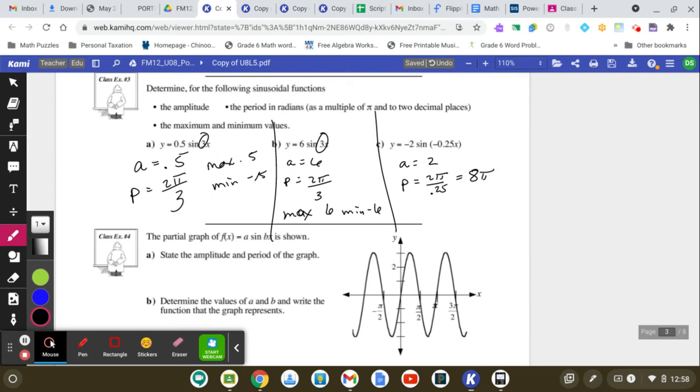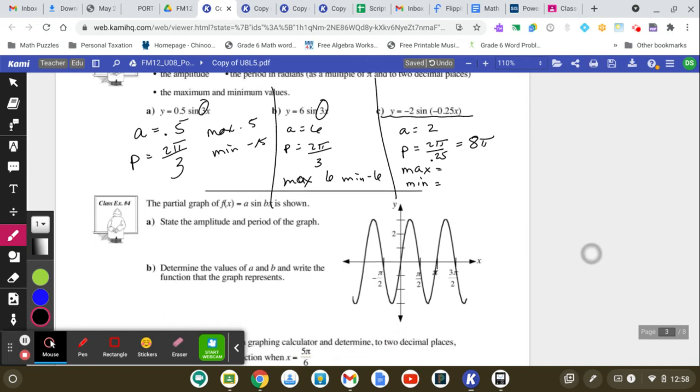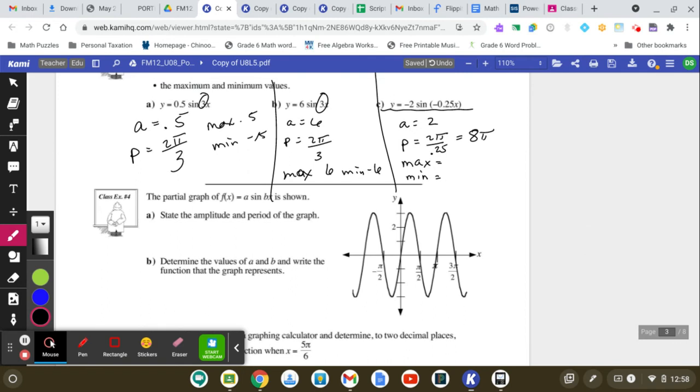Now, before we get confused about what it's going up and down to and what my max and my min is, why don't you take your calculator and type that in there and tell me what you get? Type in all of C into y equals and tell me what your maximum value is and what your minimum value is, just to be sure. It's a straight line. Are you in radians?